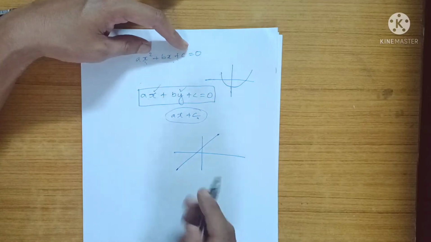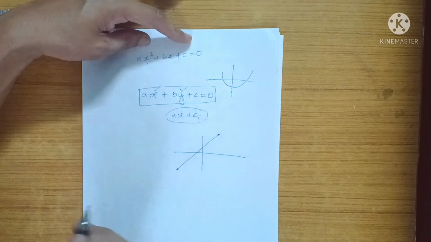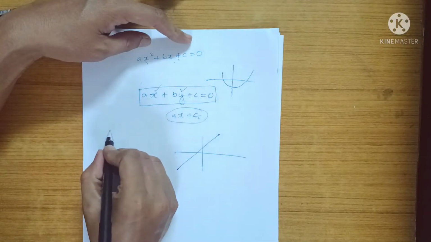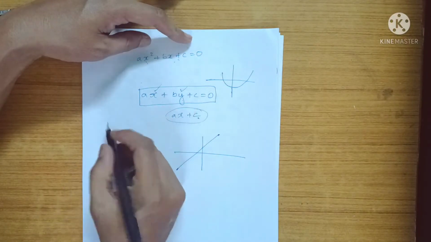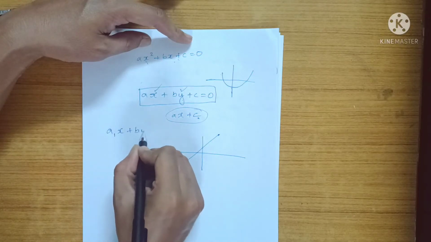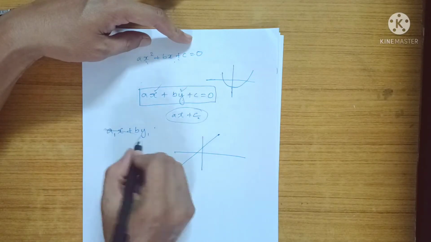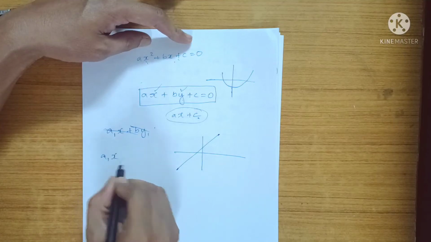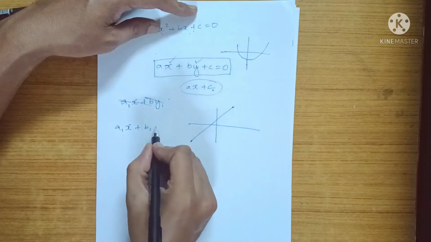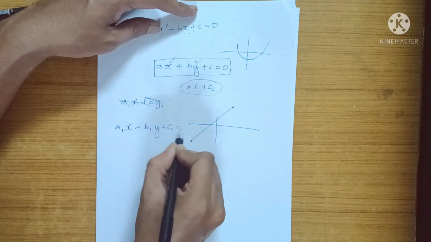Okay, so in this chapter we will be studying two linear equations of two variables. First is this one, let's say a1 x plus b1 y plus c1 equal to 0, with a1, b1 and c1 being any numbers.